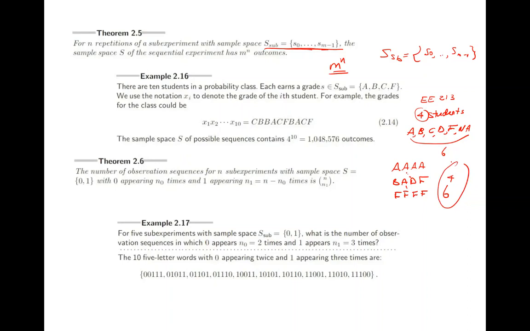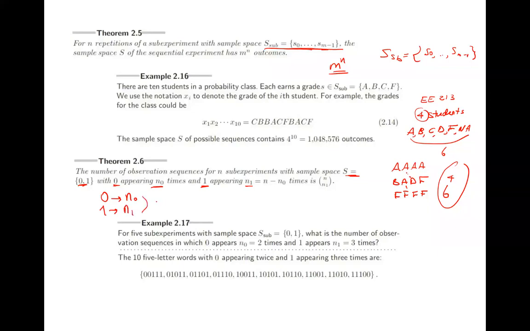Next theorem is again about the number of observation sequences for n sub-experiments with the sample space of 0 and 1, where 0 appears n0 times and 1 appears n1 times.